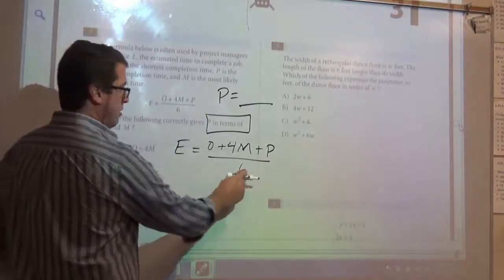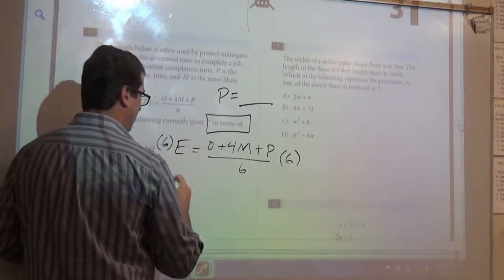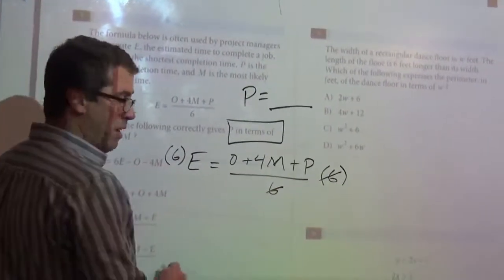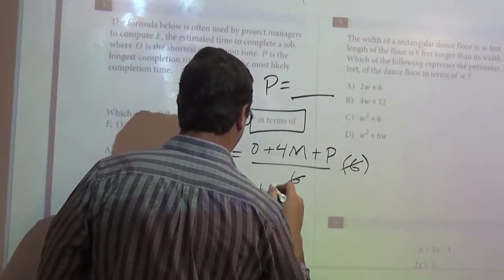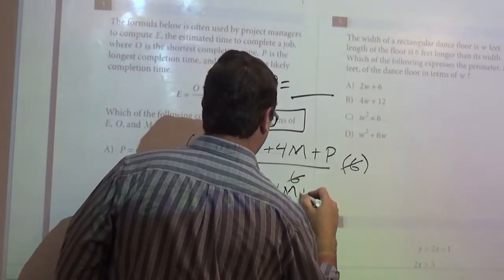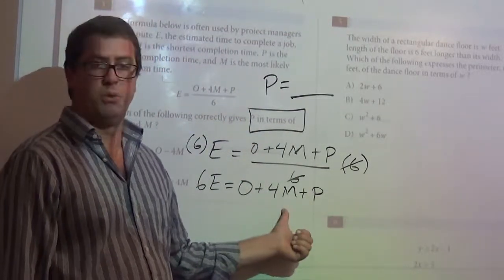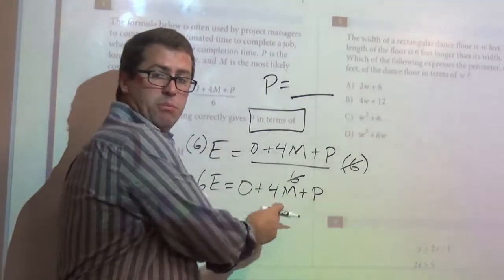So if I multiply this side by 6 and this side by 6, these two cancel out. So now I don't have an ugly fraction anymore. It's P plus O and 4M. Since I'm adding on these, I can subtract from both sides.